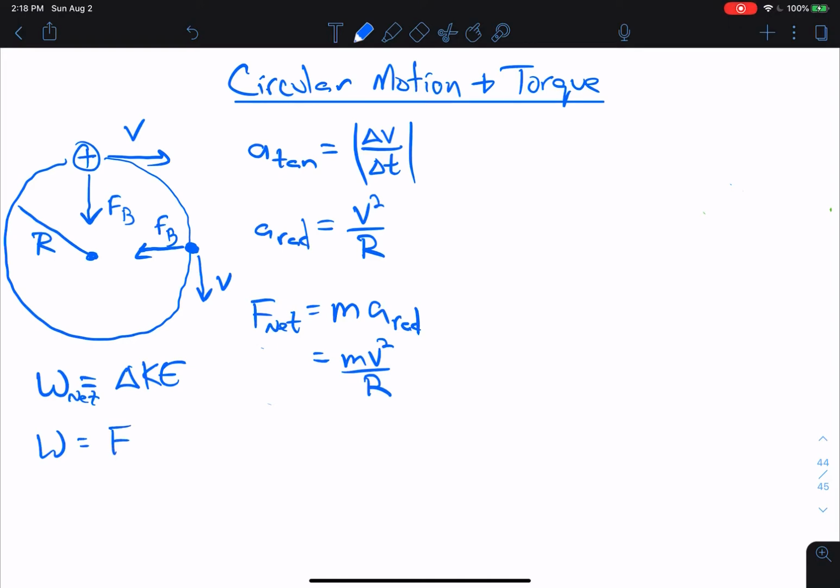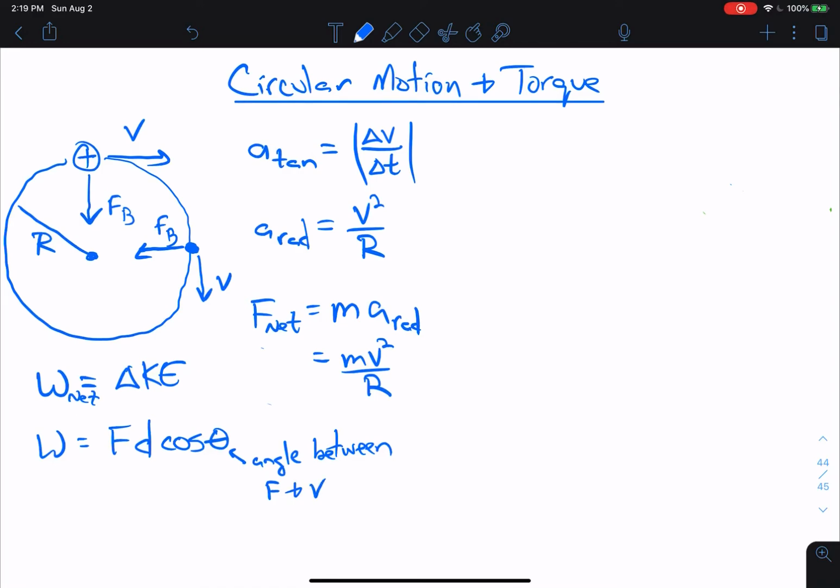That's the force times the distance over which the force was applied, and times the cosine of theta. This theta, that's the angle between the force and the velocity.